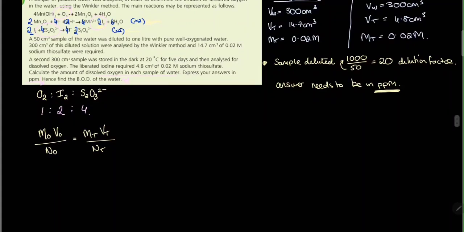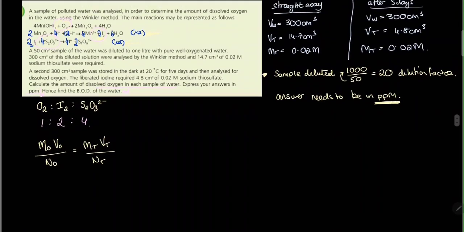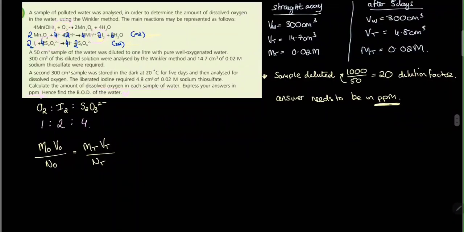So we can do the one that was done straight away, this titration that was done straight away. So I'm just going to put that up here, straight away, okay? So the molarity of the water, or the oxygen, we don't know, that's what we're trying to figure out. The volume of the water, or the oxygen there, was 300 centimeters cubed. That's what was used in the titration. And the number associated then with the oxygen is 1.